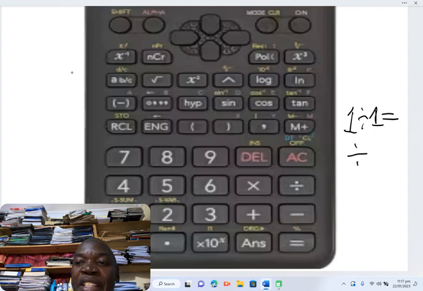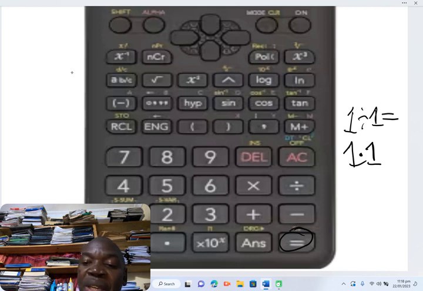Again, divide by 1.1. Why 1.1? Because 10% is 0.1. So you divide by 1 plus the rate, which is 1.1. You press the equal sign. The first time you press it, it will give 0.9090.